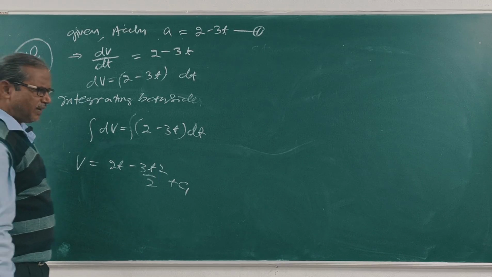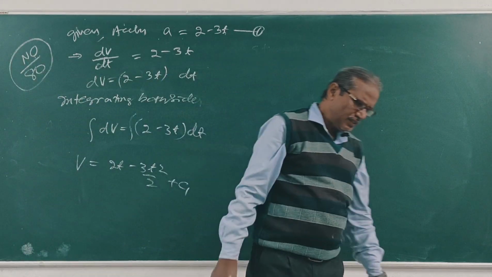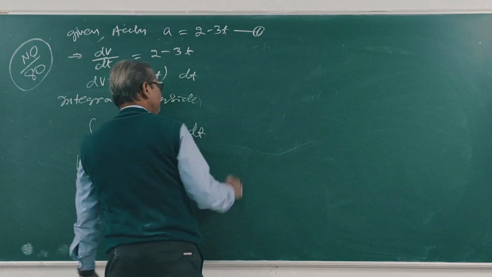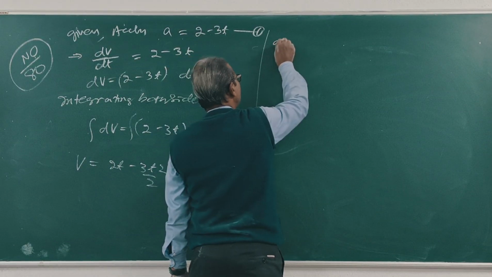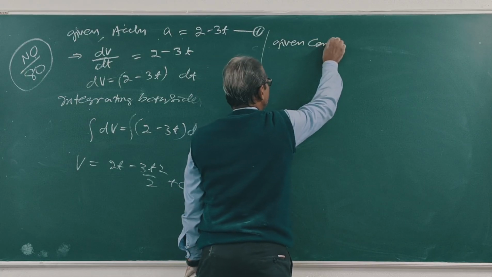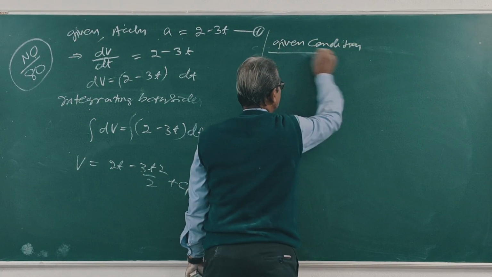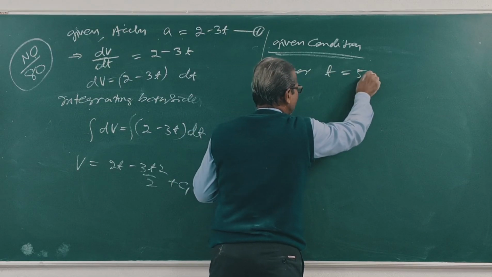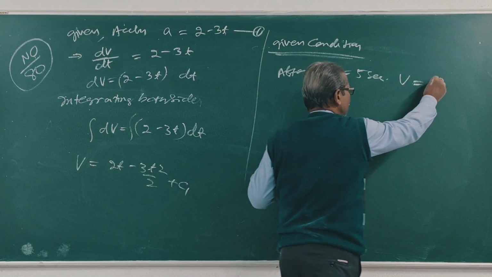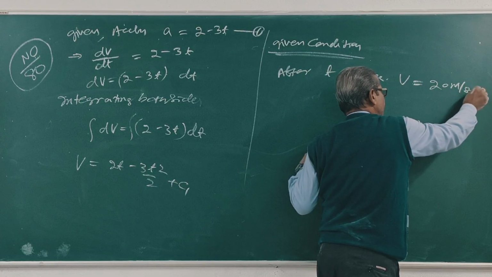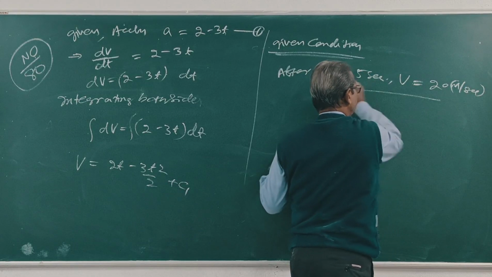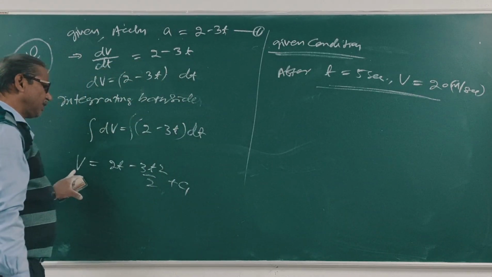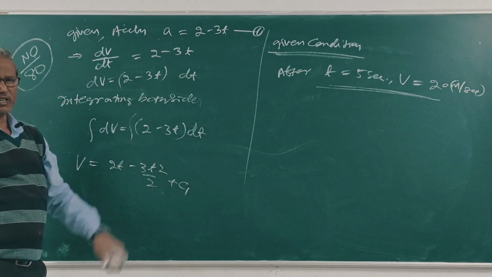The given condition is: after t = 5 seconds, v = 20 meters per second. So put v = 20, t = 5 seconds.